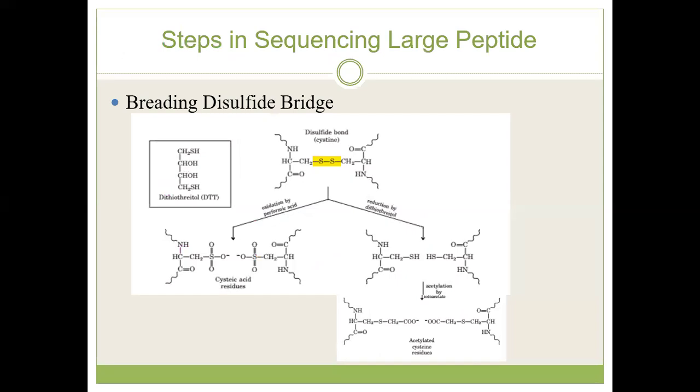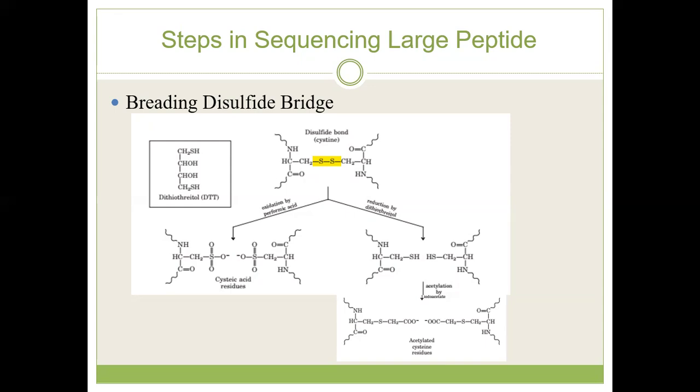First of all, you break them into smaller fragments. But there is a possibility that what you are working with is a protein that contains more than one polypeptide. More than one peptide can be linked by what we call a disulfide.